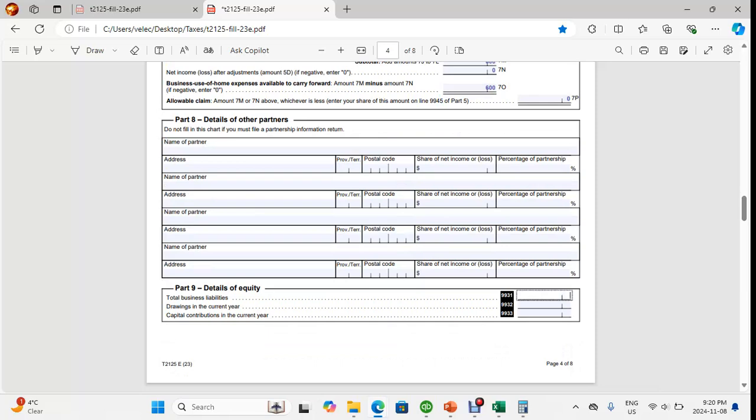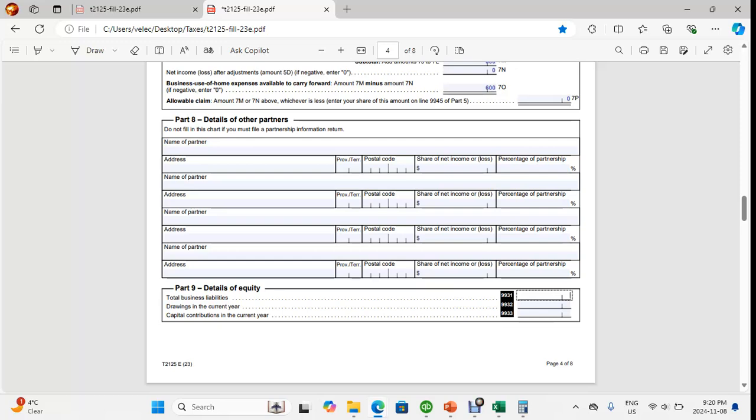Part 9 over here: your total business liabilities, your drawings, and your capital contributions. This has to do with your equity.